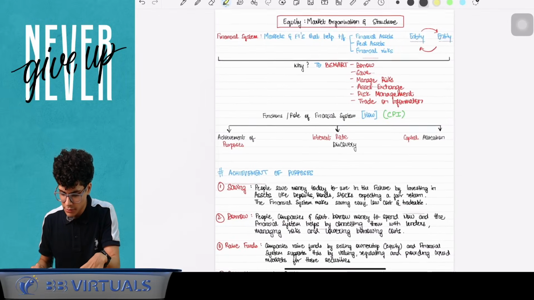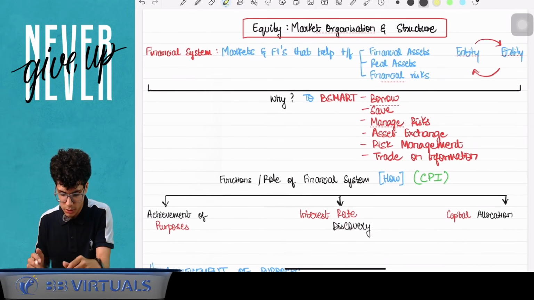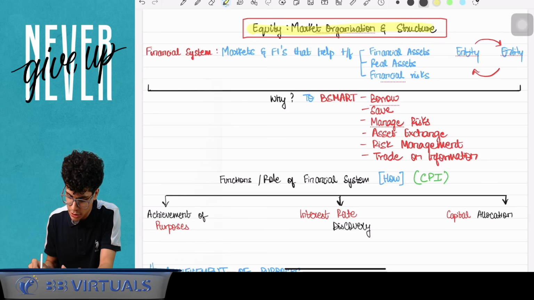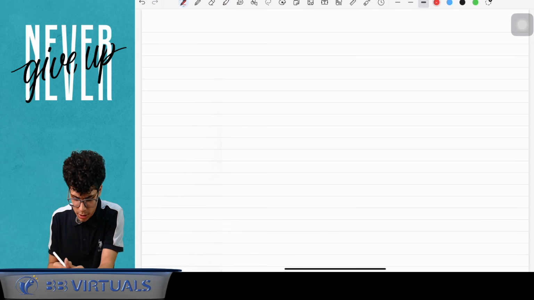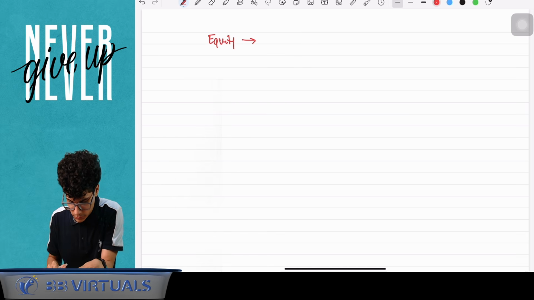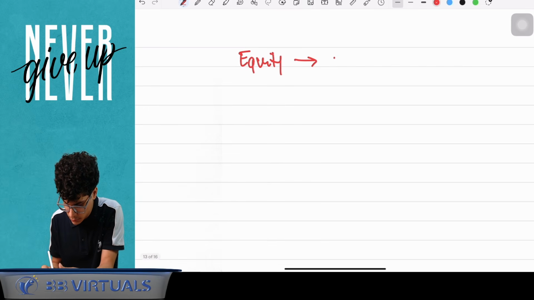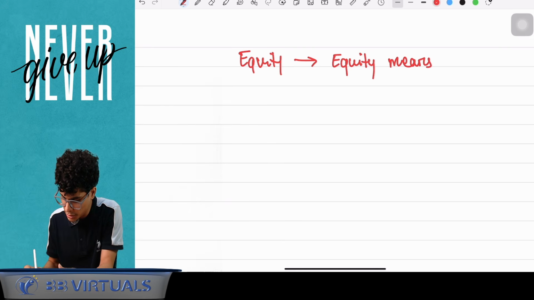So the first topic that we are starting with is equity market organization and structure. Okay, sir. So before starting, I'll just give a brief introduction about what equity is all about. So equity means or represents ownership.